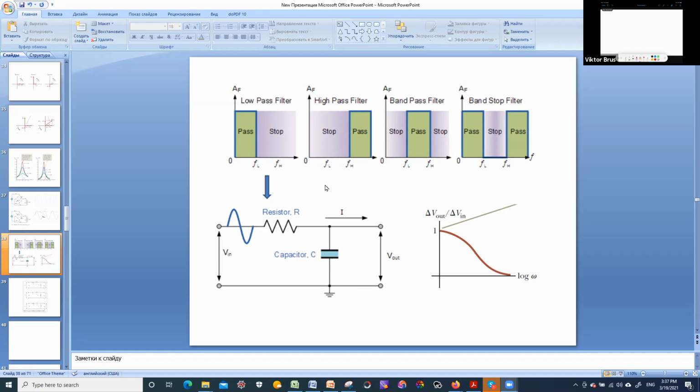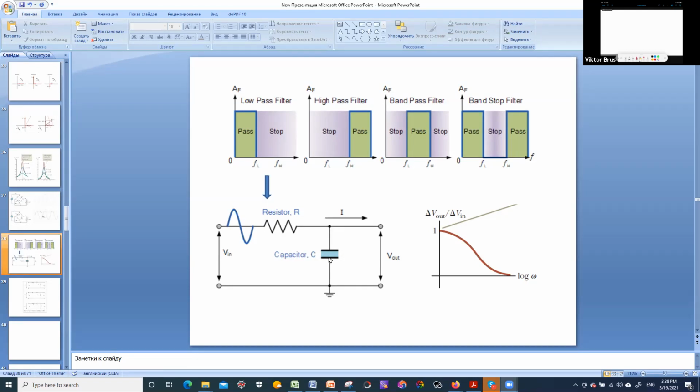So what happens here if we have very low frequency? Let's say we have DC, that is the lowest, 0 hertz frequency. For the lowest frequency, we don't have any current flowing through this circuit, because for DC condition, this is just an open circuit. A capacitor has an insulator between two plates.